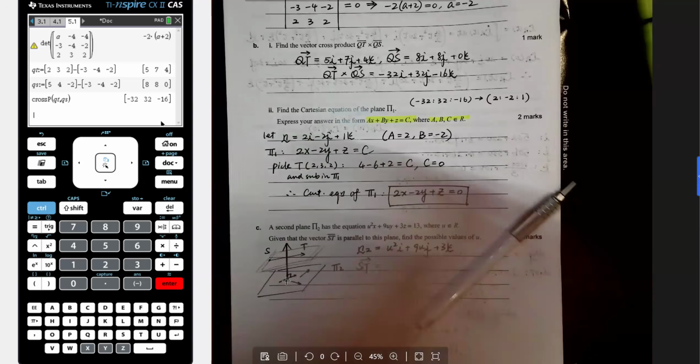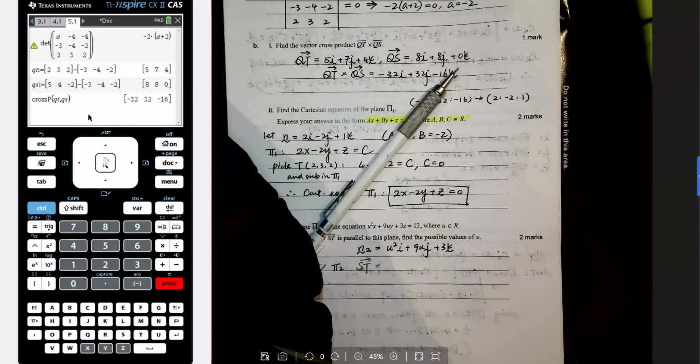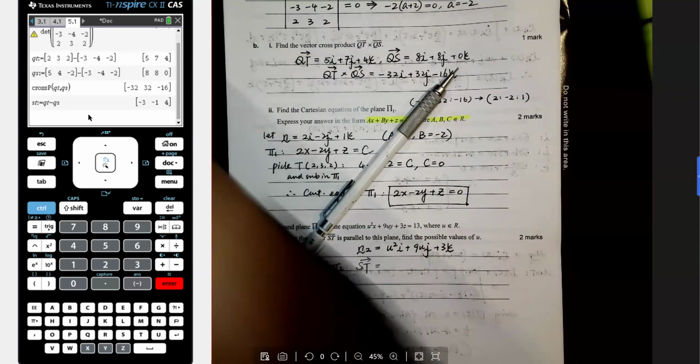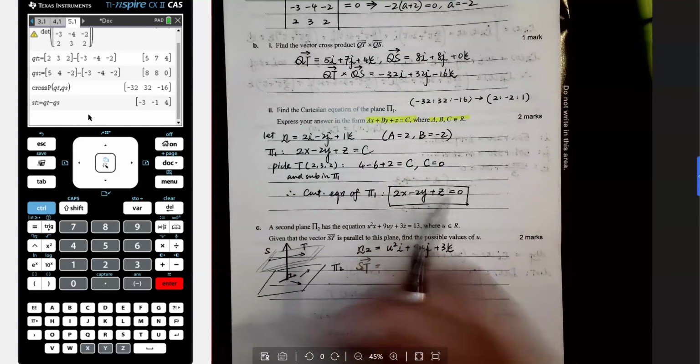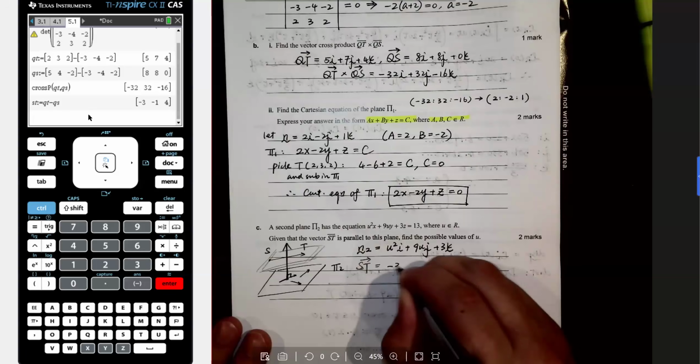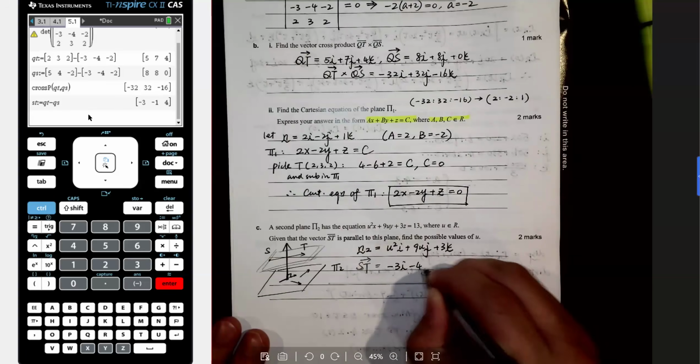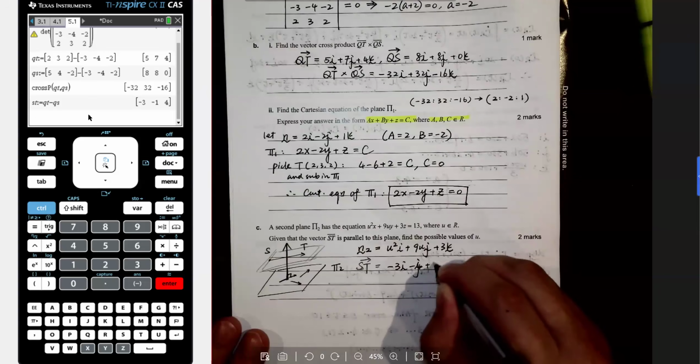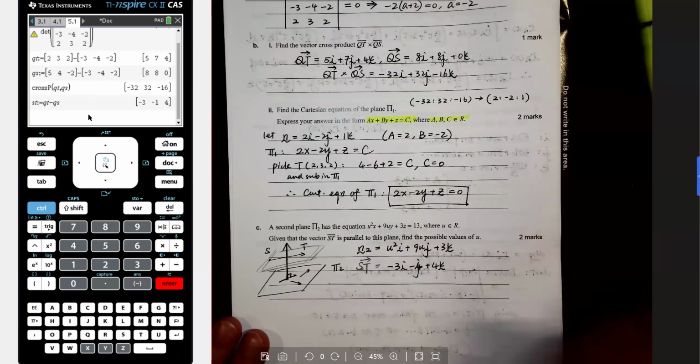So we try to find ST, vector S to T. ST is QT minus QS. So it's -3i minus j plus 4k, something along this line.